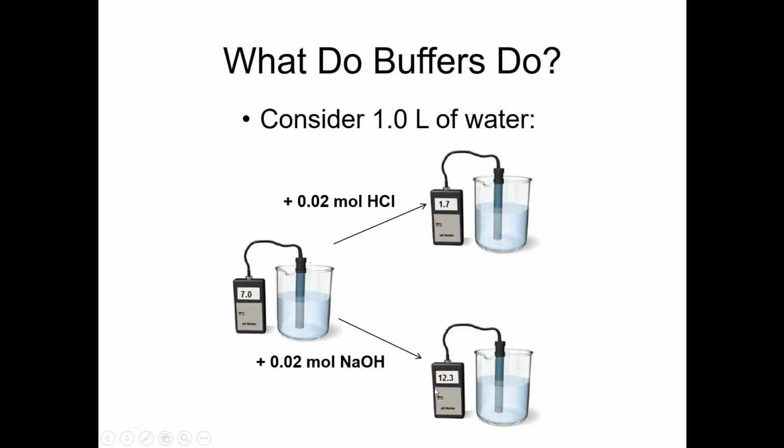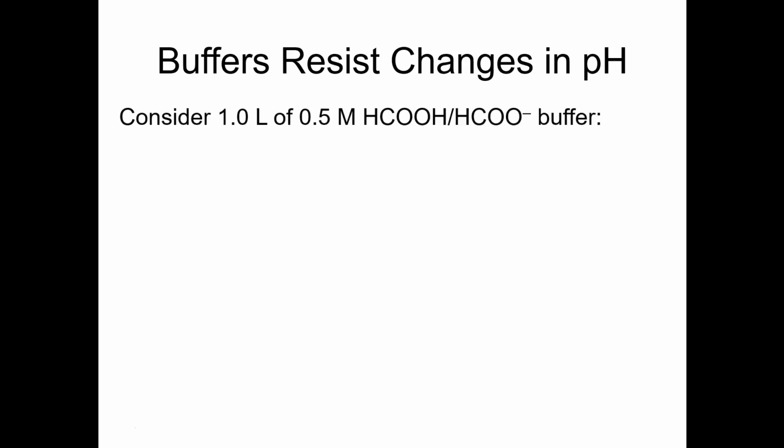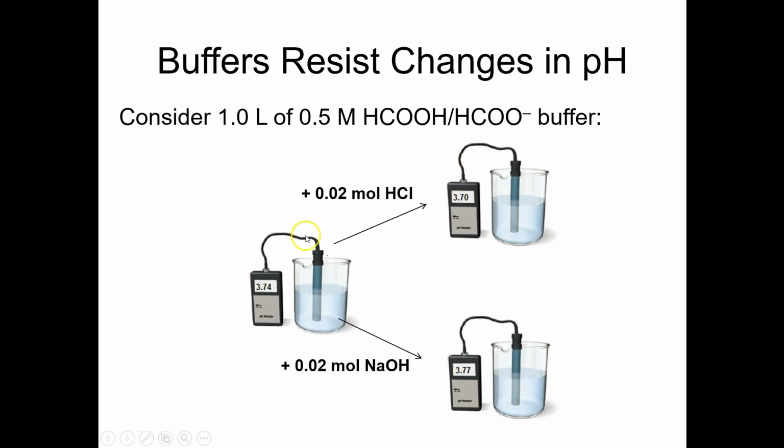Now, what happens if we do that with a buffer? If I make a buffer of formic acid and formate, and let's say it's 0.5 molar in each species, 0.5 molar in formic acid, 0.5 molar in formate, it's going to start with an initial pH of 3.74.